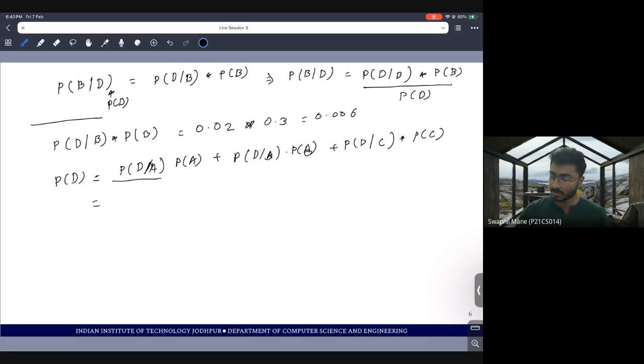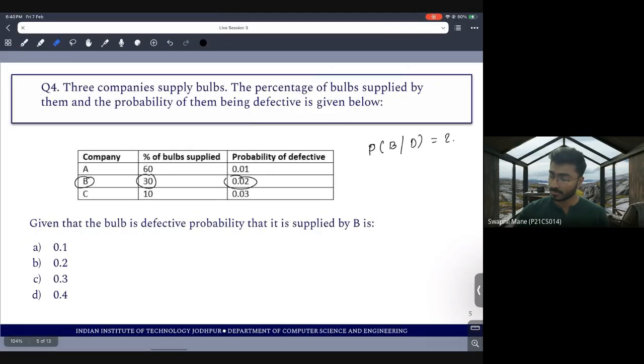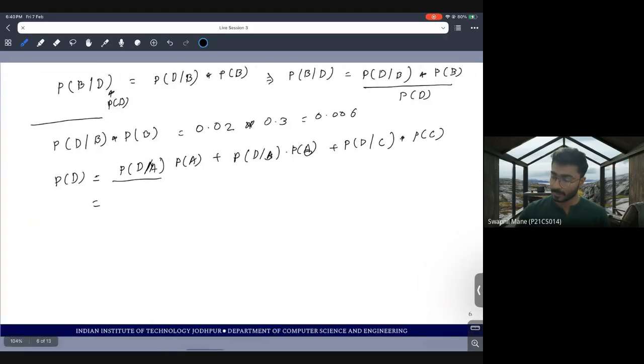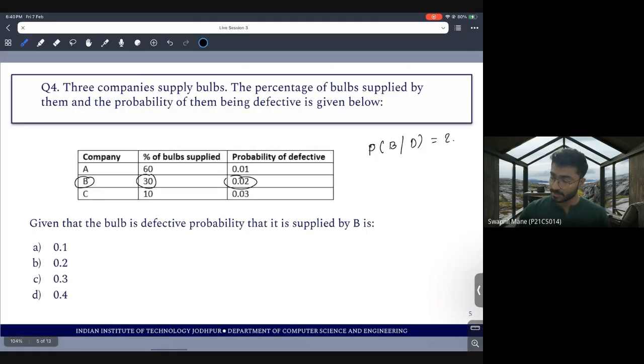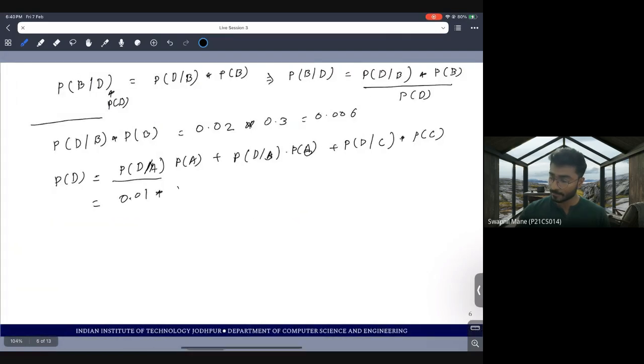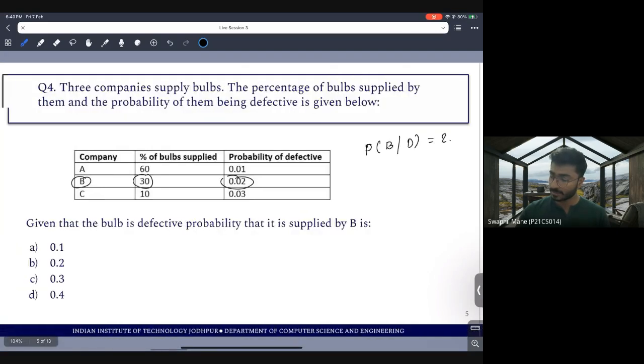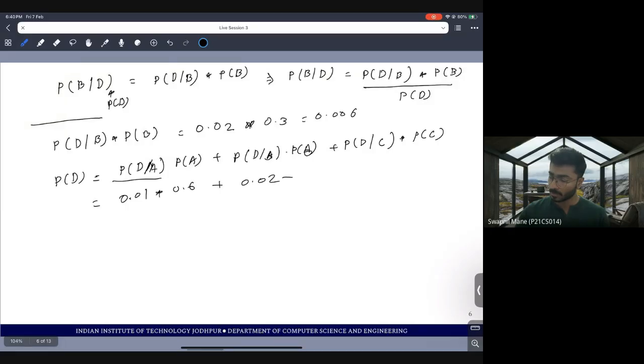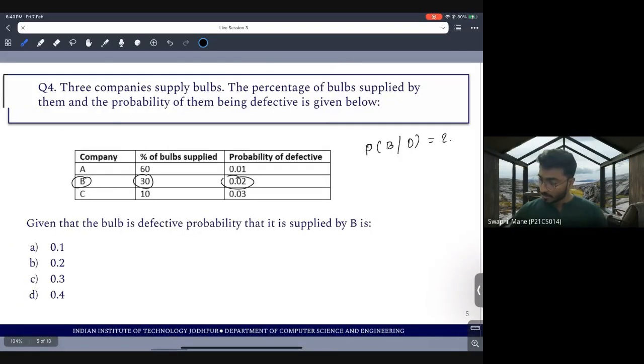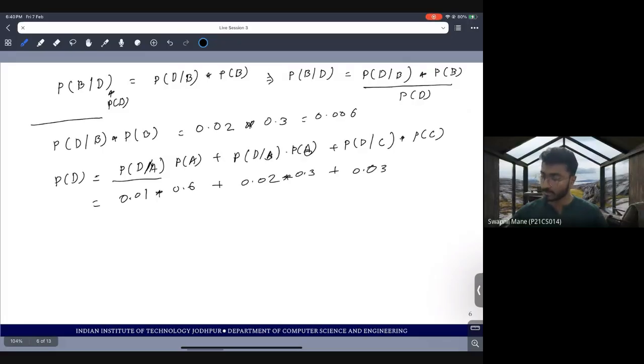The value given for A is 0.1, times the probability of A, which is 60%, that is 0.6, and 0.2 for B times 0.3, and 0.3 defective given company C times 0.1.